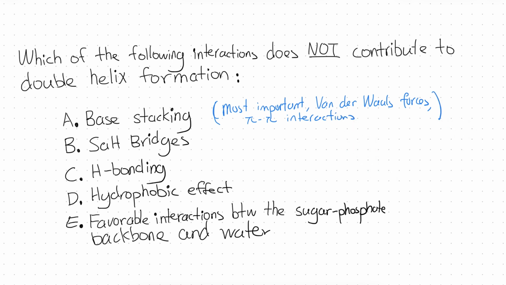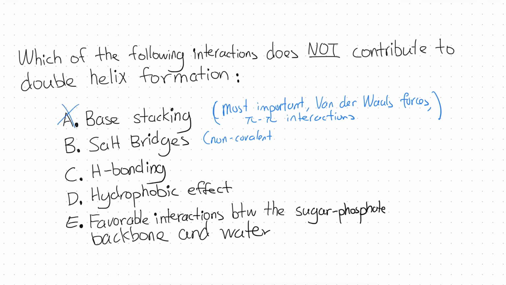And B, we have salt bridges. And what do we think? What are salt bridges? Well, you probably already heard of it, but salt bridges are just a specific type of non-covalent interaction. So first, we already know it's not A, so we can eliminate that.